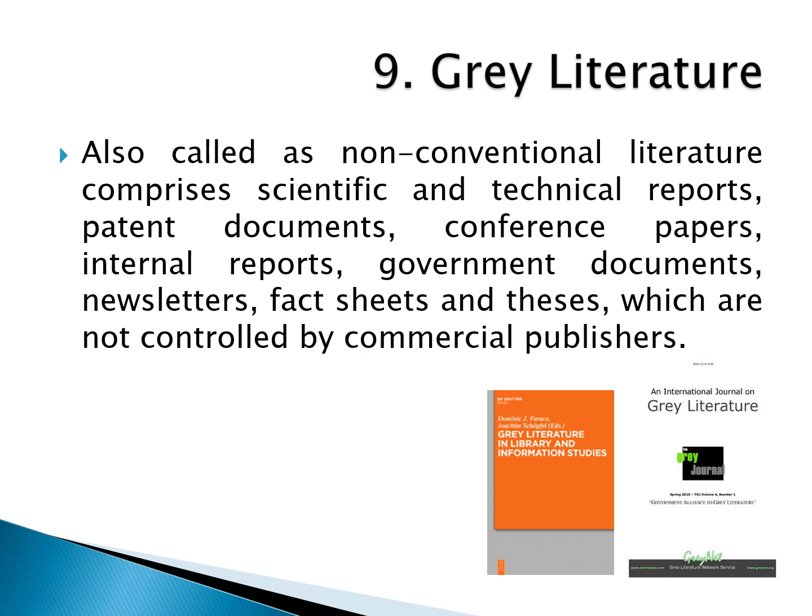We have grey literature in library and information studies, and we have grey literature regarding the government alliance. If you want to look deeper into this grey literature, you can Google it. From Google, you can find the grey literature on the website.